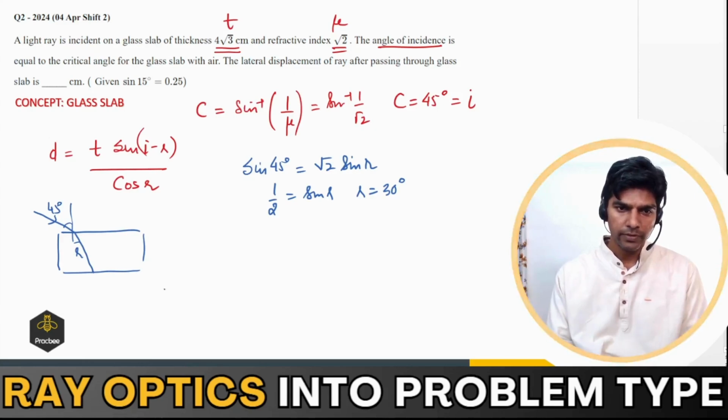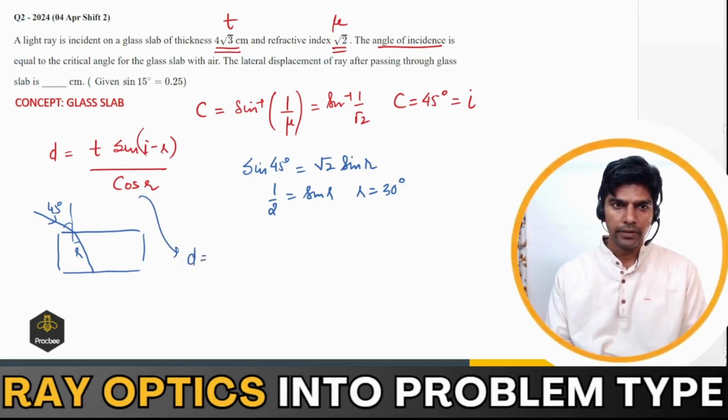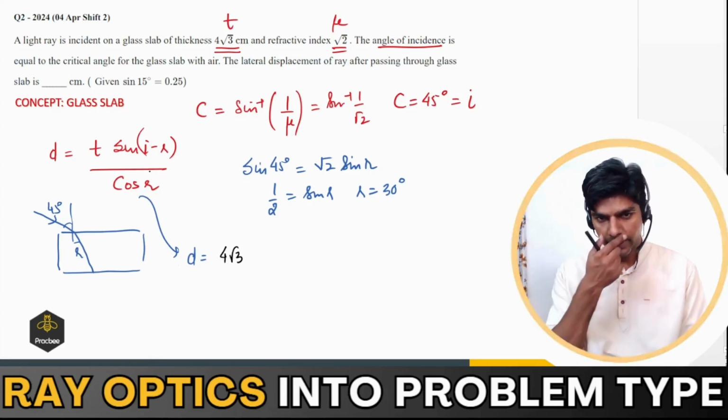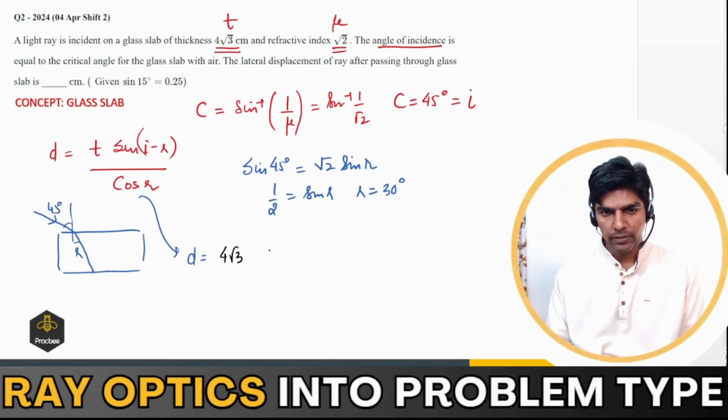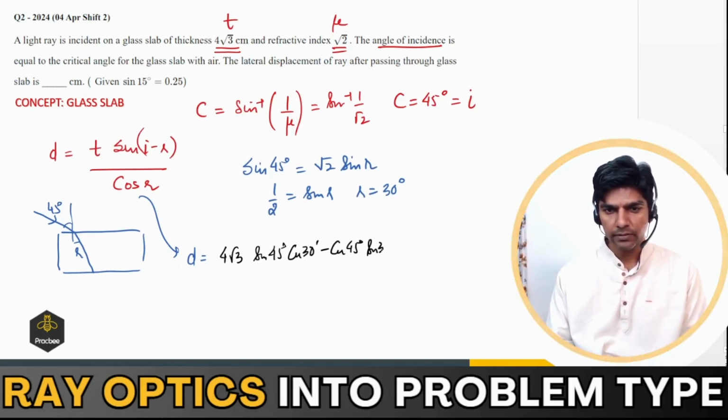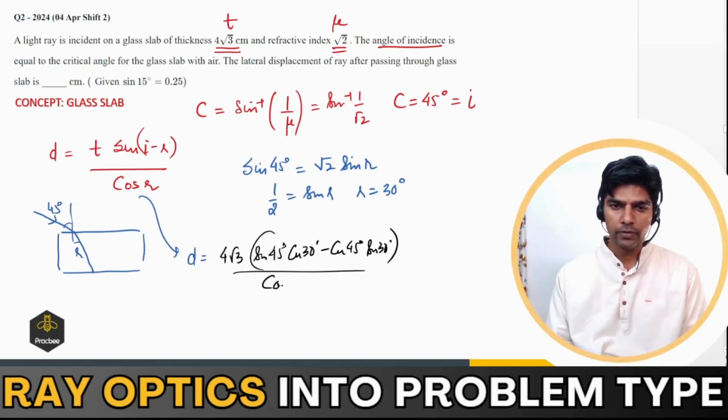So let us simplify this. So d comes out to be, thickness is 4 root 3 centimeter, and sine of i minus r, that will be 45 minus 30. So we can say sine 45 cos 30 minus cos 45 sine 30 divided by cos r, and it will be cos 30.